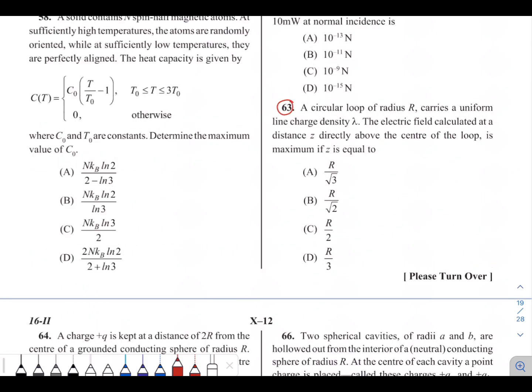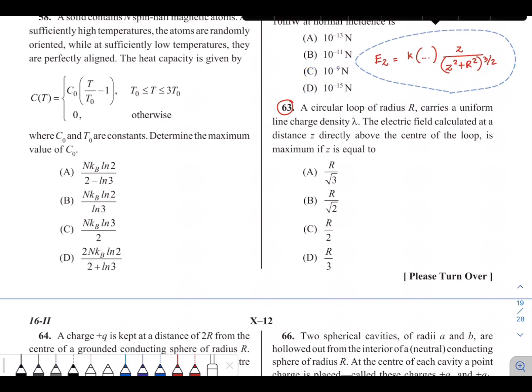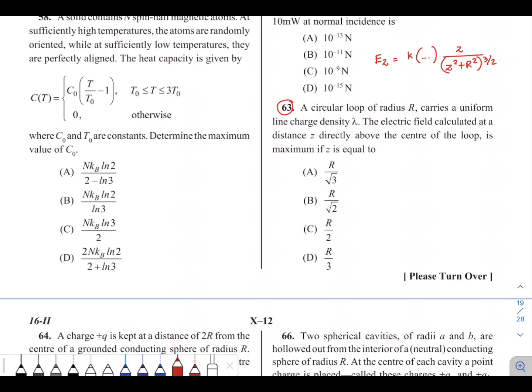Problem 63. A circular loop of radius r carries a uniform line charge density lambda. The electric field calculated at a distance z directly above the center of the loop is maximum if z is equal to what? We know the formula for the electric field of a circular loop depends on z in the following way. So what we will do is calculate the first derivative of Ez with respect to z, set it to 0, and find the value of z. Let's take the derivative.